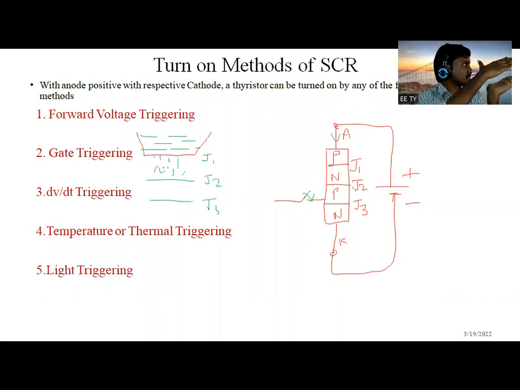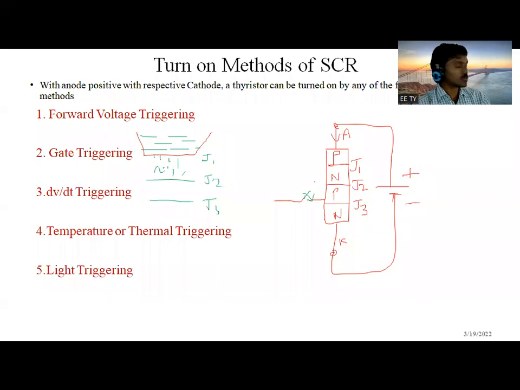This is the gap near J2. As the gate voltage increases, current is injected into the inner P layer, and the injected current also spreads over the surface area of the inner P layer. As that spread increases, the injected current carriers are increasing more and more. So whatever layer is formed at the junction J2 is going to decrease. Okay, so at one particular voltage level, this layer is totally finished and junction J2 acts as forward biased.